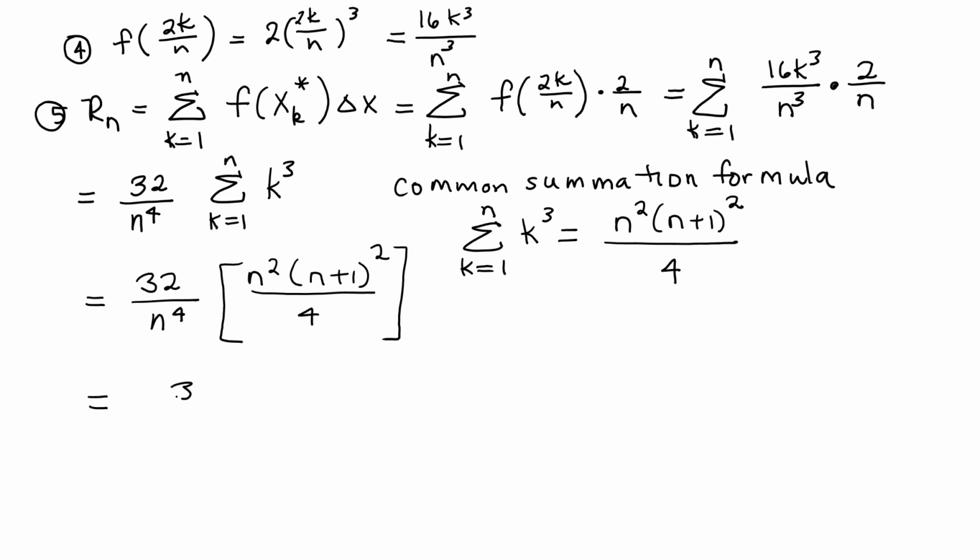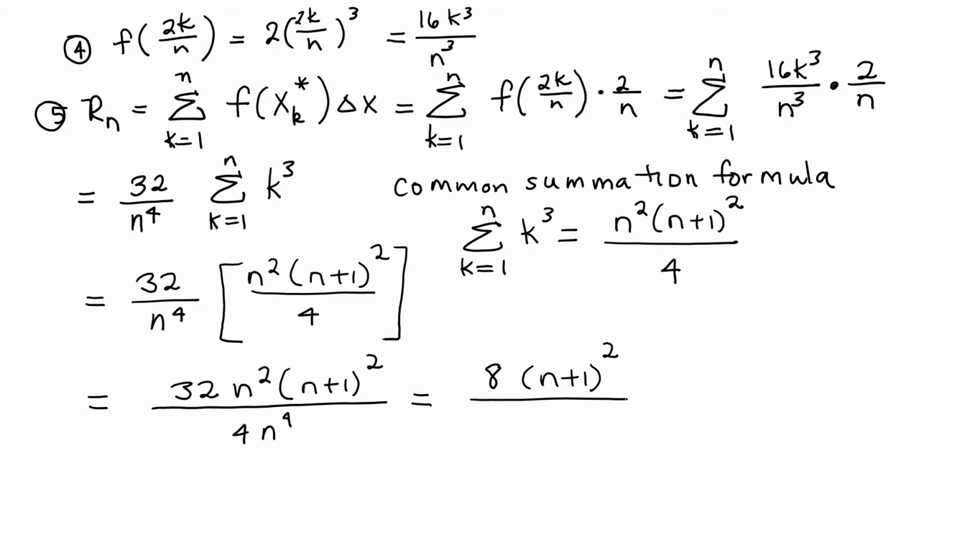This would be 32 n squared, the quantity n plus 1 squared, divided by 4 times n to the power of 4. Some of this simplifies really nicely. 32 over 4, that's 8. In the numerator, you'll still have the n plus 1 squared remaining, the n squared in the numerator, and n to the 4th in the denominator, reduced to n squared in the denominator.